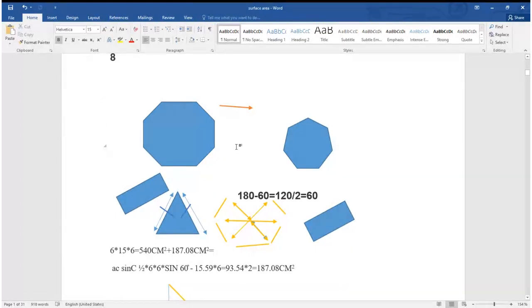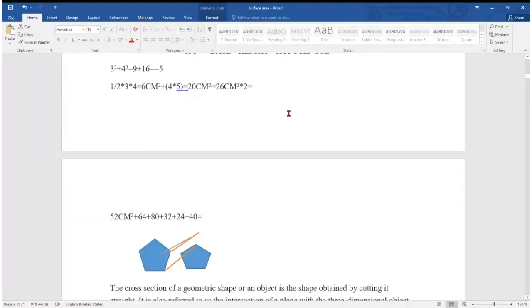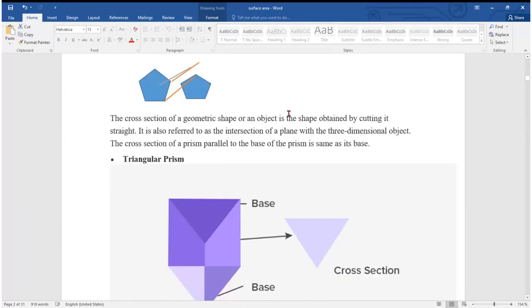This one is 1, 2, 3, 4, 5. This one is an 8-sided figure, 1, 2, 3, 4, 5, 6, 7, 8. So this one is octagonal. This one is 1, 2, 3, 4, 5, 6, 7. 7 is what? Heptagonal.